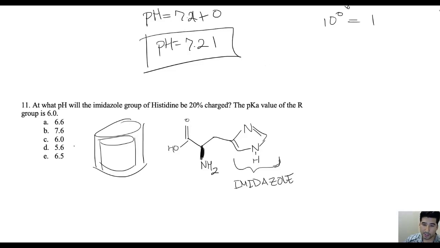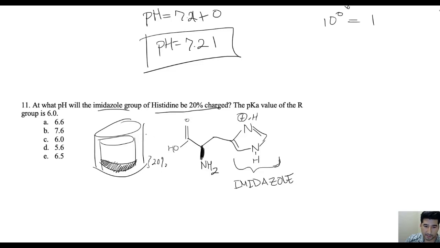And so what we want to know is, at what pH will 20% of this solution have the imidazole group charged?